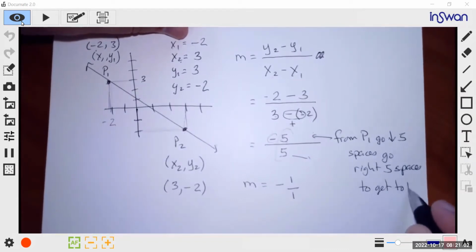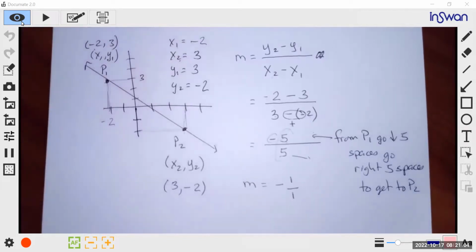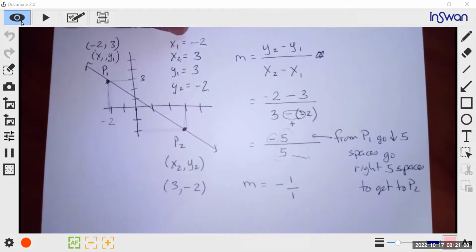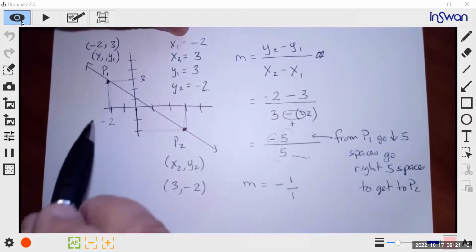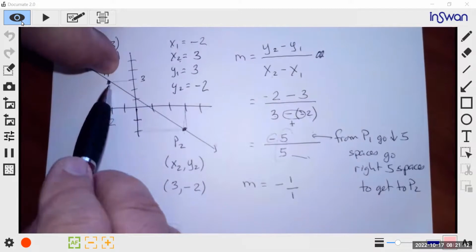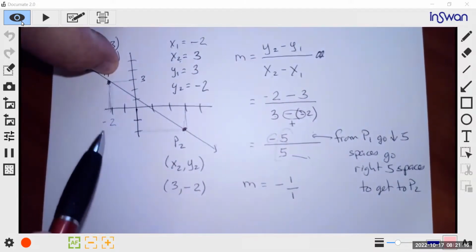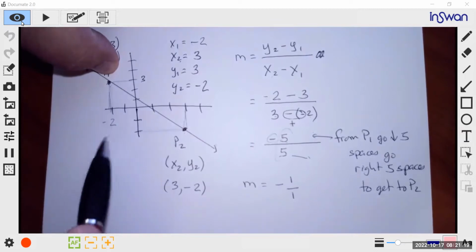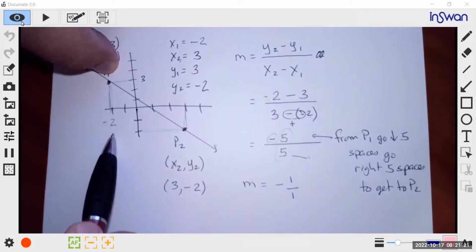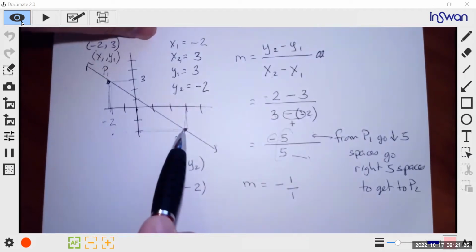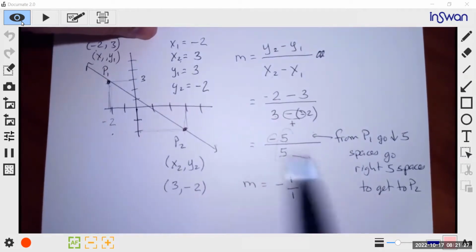To get to point 2. That's what it's telling us. So from point 1, from 3, you go down 5. 1, 2, 3, 4, 5. That puts us here. Then you go over 5. 1, 2, 3, 4, 5. And that's what this tells us.